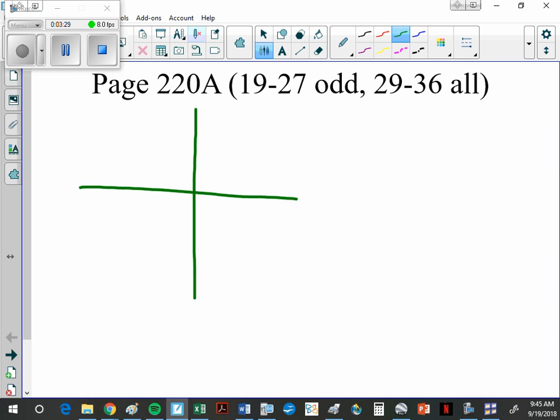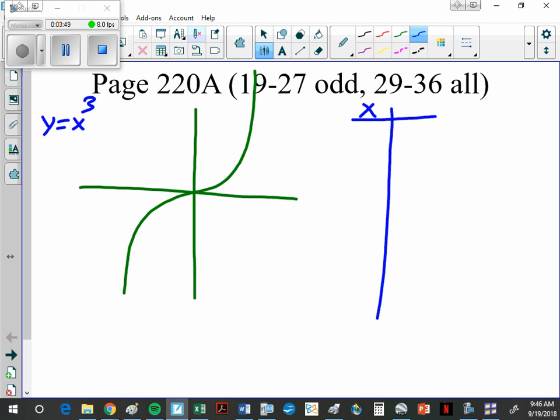What about an x to the third graph? It's a function. It passes the vertical line test, and it's one-to-one because it passes the horizontal line test. And let's look at some of these numbers. This is y equals x to the third. And if I made a table of x's and y's, negative 2, negative 1, 0, 1, and 2, what happens when I plug negative 2 into this graph?